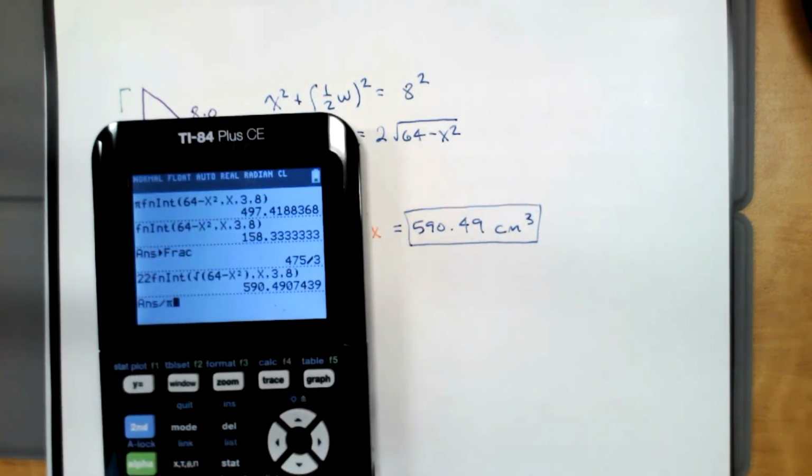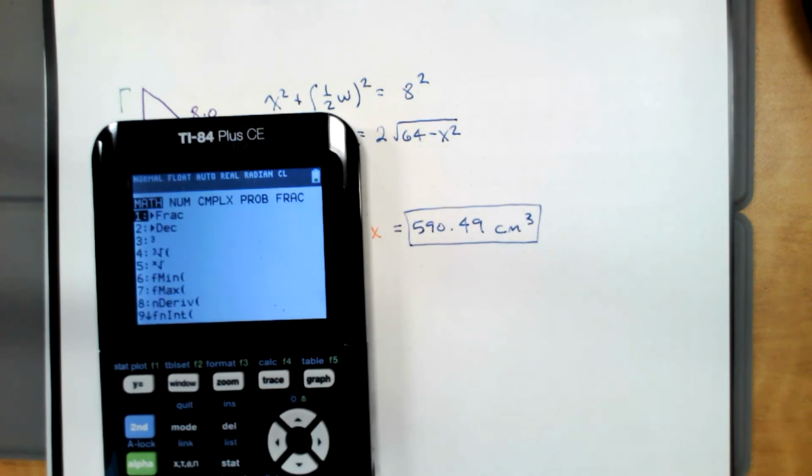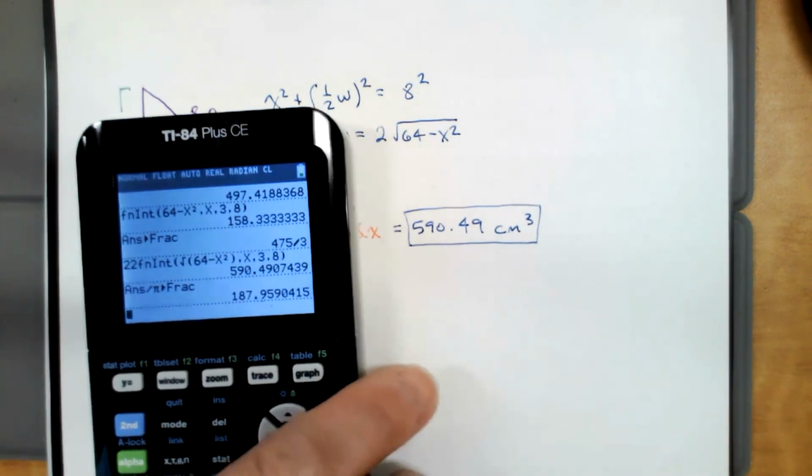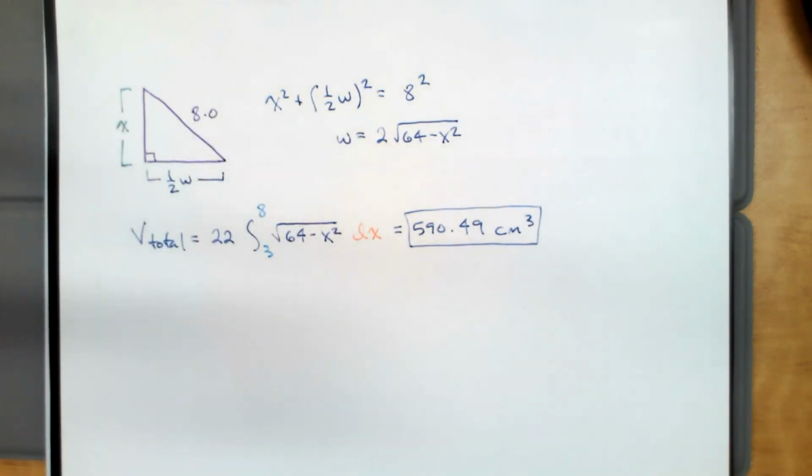We divide out the pi. We try to convert this to a fraction. It's not going to give us a fraction, so we'll just leave it as a decimal. If I want the exact fraction, if it is an exact multiple of pi, then I would have to integrate this by hand, but we don't have that technique yet.